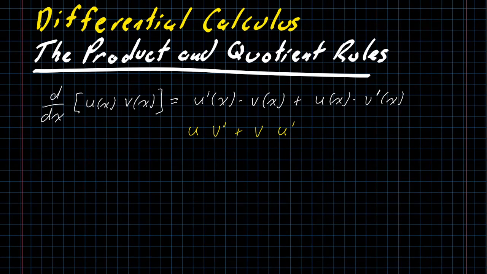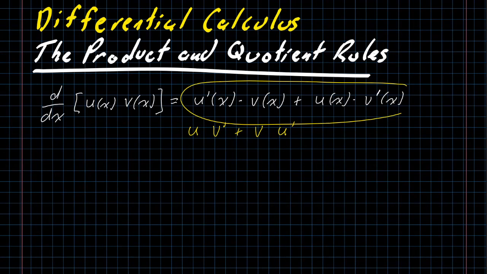Mathematically, it's the same. I just swapped the order of the two terms, and I swapped the order of the multiplication in this term. It's the same rule, written in a slightly different way. But derivative of the first times the second plus the first times the derivative of the second is the way that makes the most sense to me.